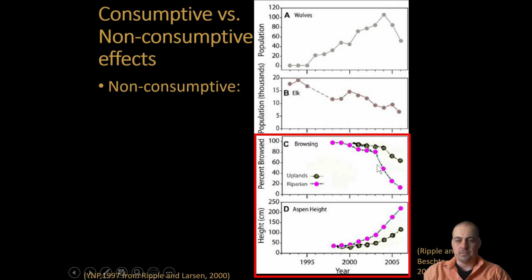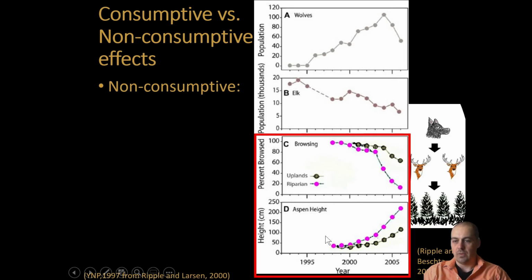I will mention that these 2 are going to be inversely proportional. The more aspen that are browsed, the less they're able to grow tall. And if they're not browsed or eaten, they are going to be able to grow taller.